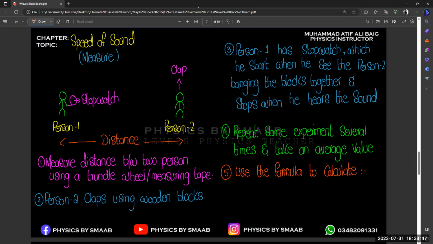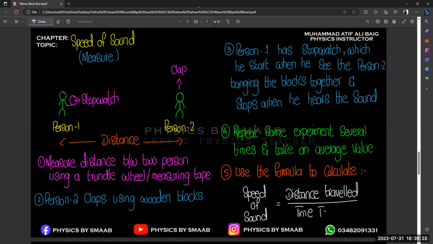So your formula will be: speed of sound will be equal to distance traveled by sound divided by time taken by sound wave, right? So this is the final formula.